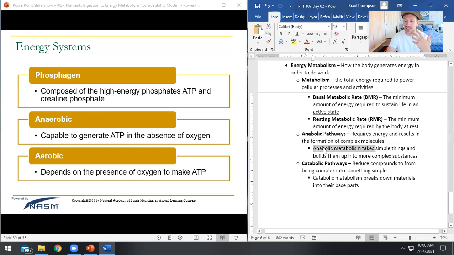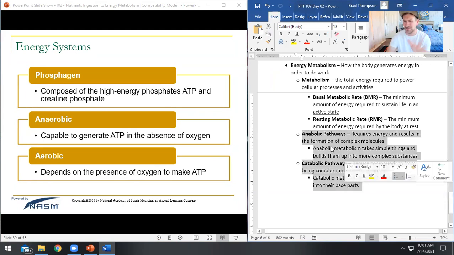So anabolic metabolism takes very simple things and builds them up into more complex substances. It takes in something very simple like glucose and spits out a bunch of ATP, right?